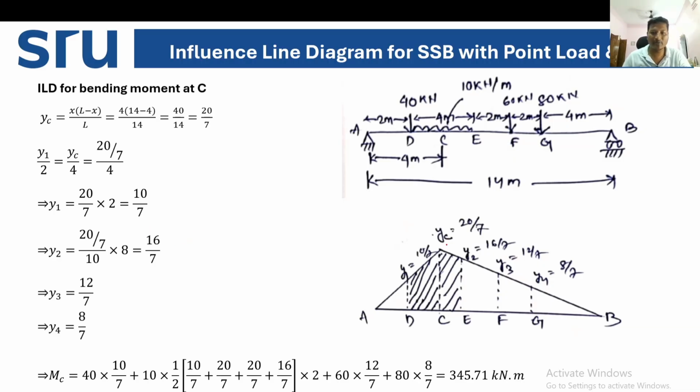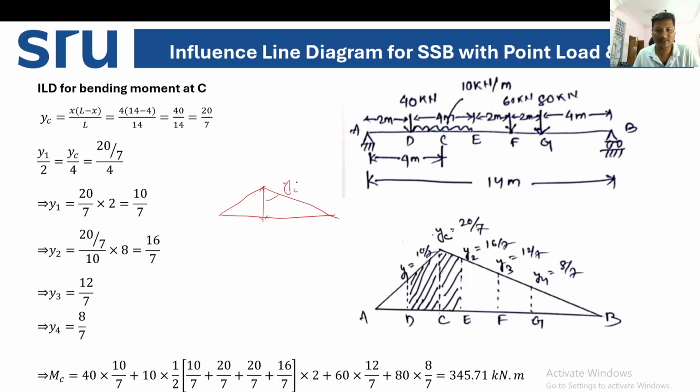So how to calculate the bending moment? Next we'll see how to calculate the bending moment. We already know the ILD for bending moment. So this is the triangle, and we have to find out the height here, YC.